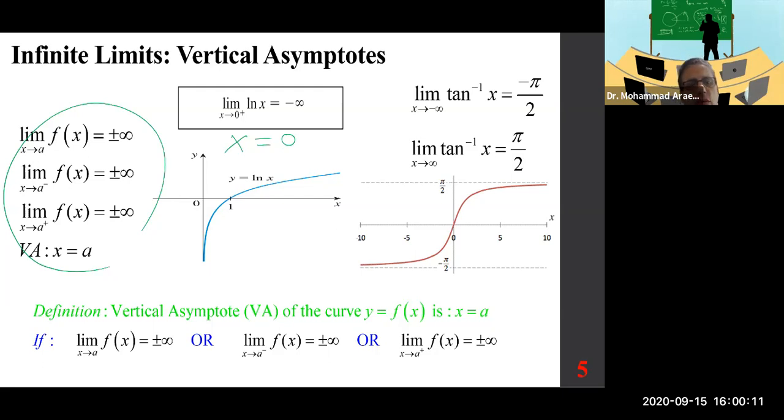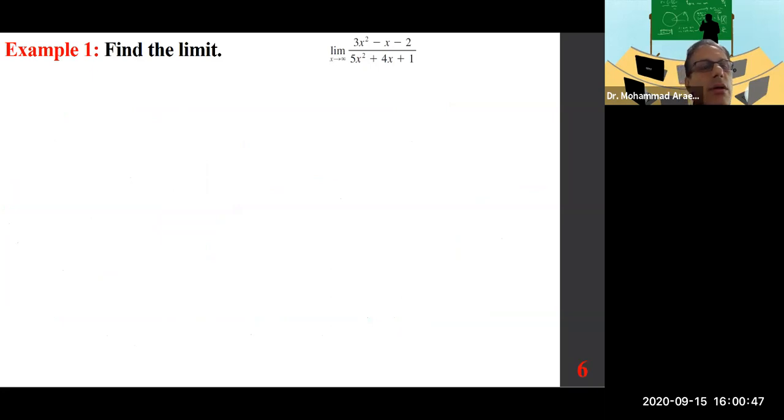Now we have the definition of a vertical asymptote, reminding everybody what we have seen. As far as the horizontal asymptote, normally we have one. In the case of an inverse trigonometric function, tangent, we happen to have two of them. Normally we don't, we have one. So for horizontal and vertical asymptotes, we saw the graphs and definitions from the previous exam. Now we are moving towards the horizontal asymptote.